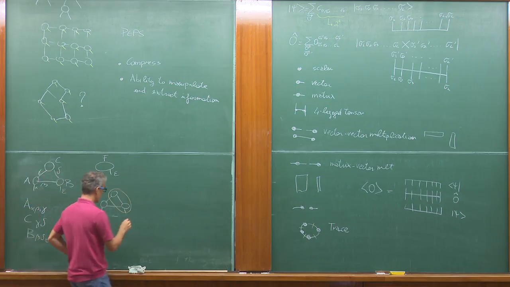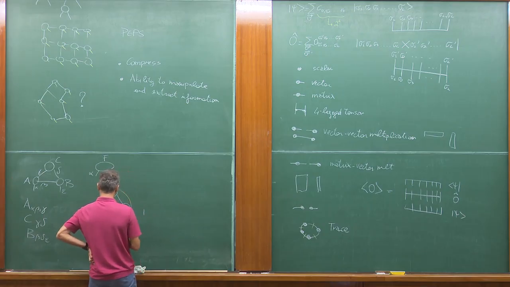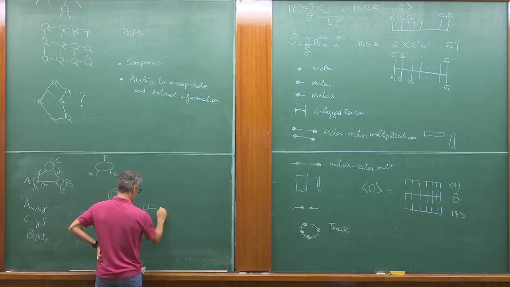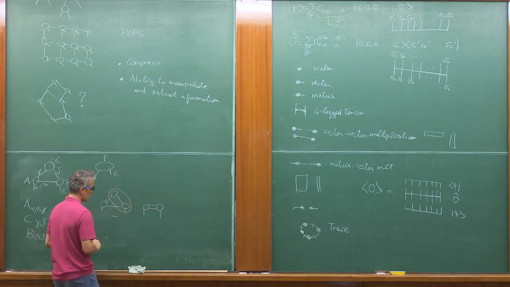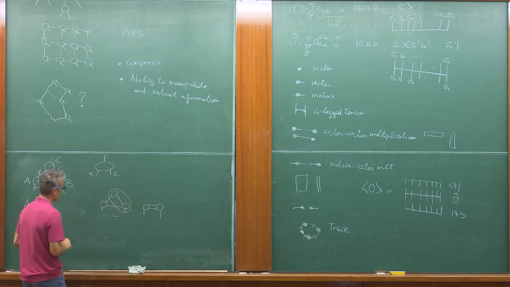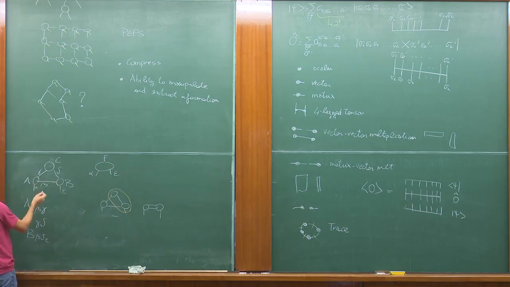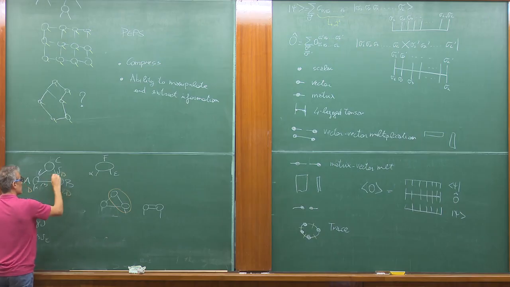Once I contract this, I will get an object with legs like this, and then I can contract again. Now let's assume for simplicity that the size of all of these legs is the same and is D. So you have D, D, D, D. All the legs have size D.